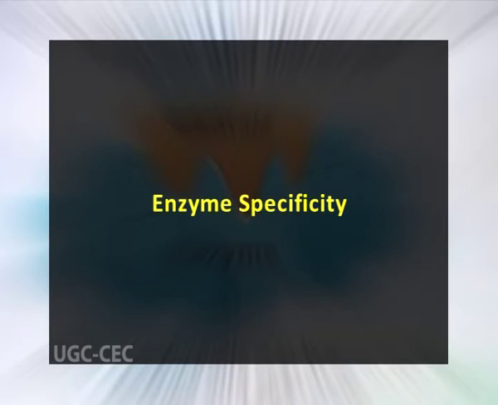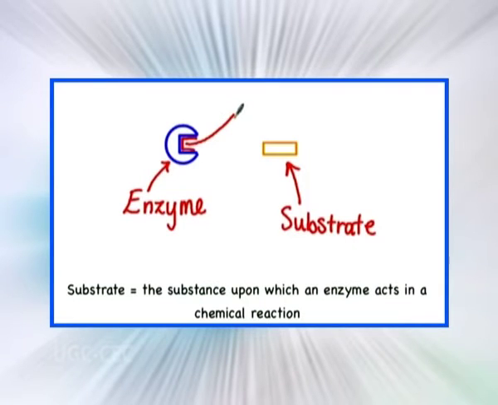Now the enzyme specificity. Enzymes are highly specific, catalyzing the reaction of a specific substrate or a specific group of substrates. In addition, enzyme activity can be regulated, varying in response to the concentration of substrates or other molecules.